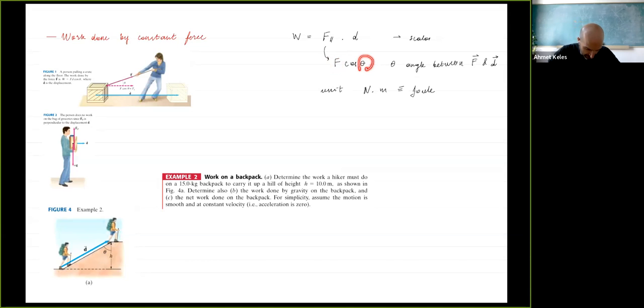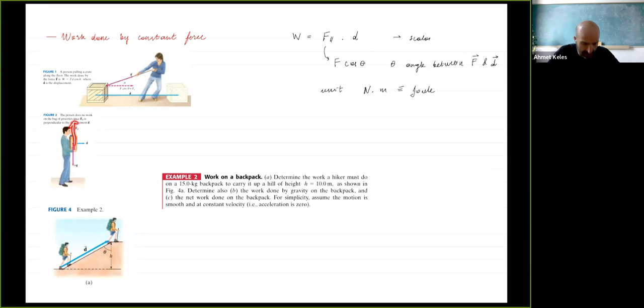Here's an example. Suppose you are carrying your groceries, and we are supposing that you are moving with constant velocity. You are applying a constant force to lift this package, because gravity is pulling it down and you have to lift it so that it doesn't fall.